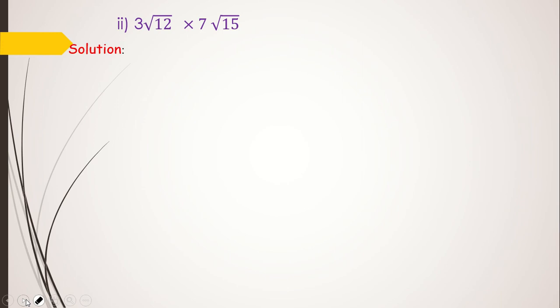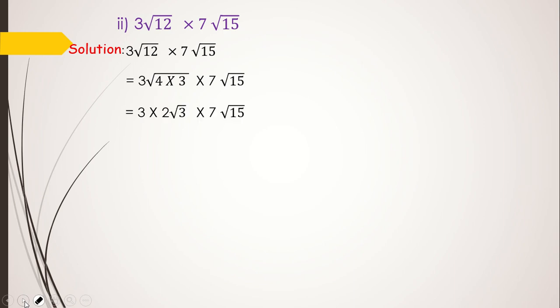Now in this case also we will do the same way. This is root 12, factorize root 12 into 4 3s are 12, and 4 is a perfect square. Now root 15 we can't do anything. Root 15 will remain as it is, because there is no perfect square factor of 15.